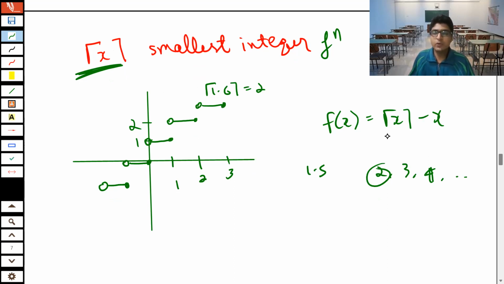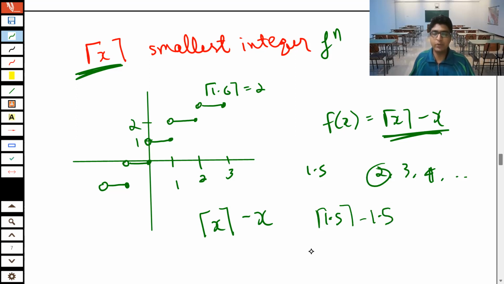Now let's move to our function, which is this. Okay. So again, let me check. Let's say what about 1.5? So for 1.5, the smallest integer function minus 1.5.